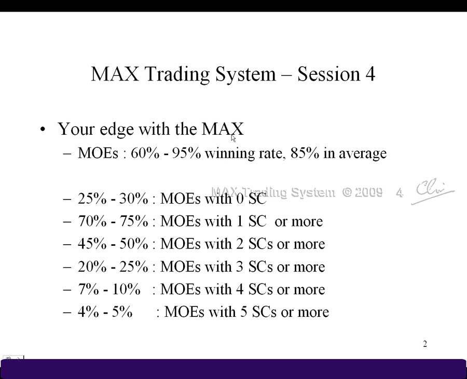Six months ago, two years ago, I have gone back 20 years, to the very beginning of the 90s, for those of you who remember, at the beginning of 1992 or 93, I don't remember the exact date, when George Soros made his famous short trade on the pound against the Deutsche mark. At that time, you had exactly that kind of success rate. So this is the edge you have to know with the MAX.